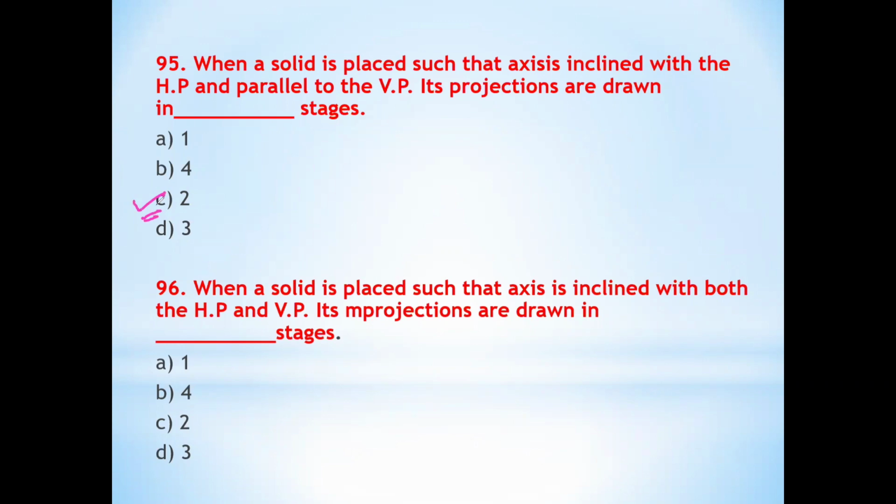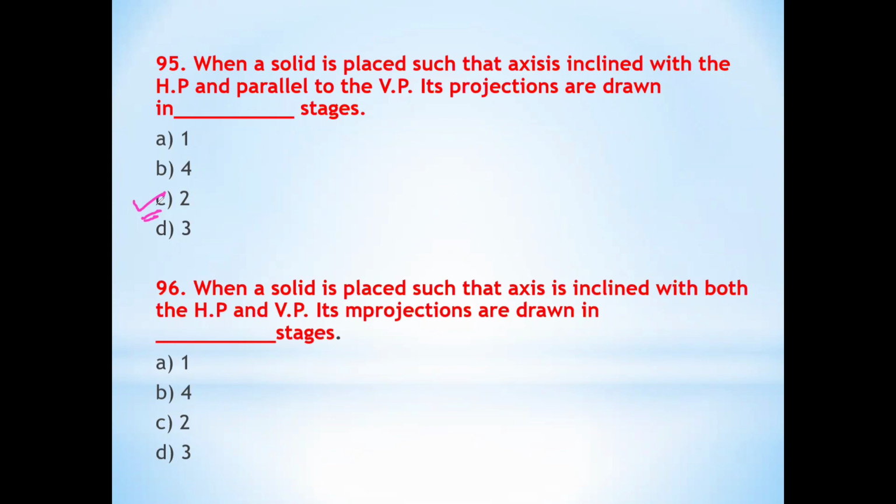Okay, now next we'll see number 96. When a solid is placed such that the axis is inclined with both the HP and VP, then its projections are drawn in dash stages. I have already told you about this.